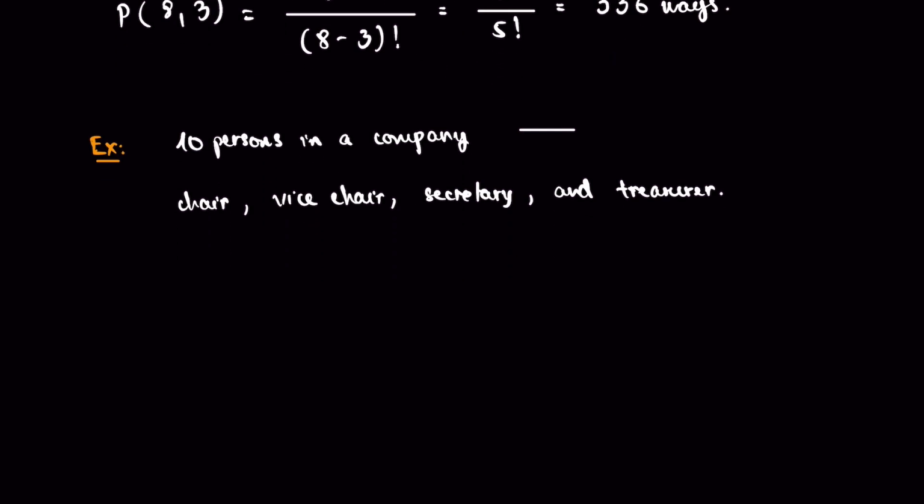So from this line, we can deduce that N is equal to 10, and from this line, we can see that K is equal to 4. So we have a first pick to be a chairperson, the second pick to be a vice chairperson, the third pick to be a secretary, and the last pick to be a treasurer. Therefore, this is going to be a 4 permutations.